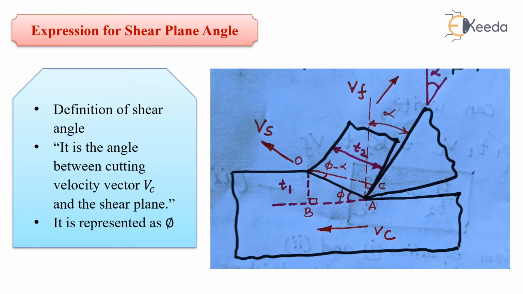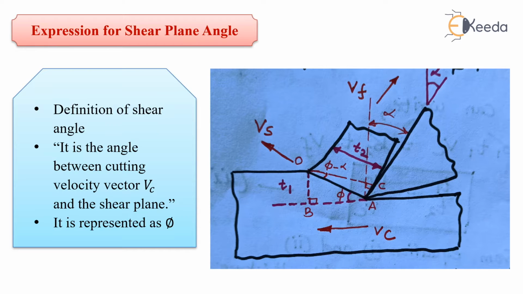Okay, so let us go for the expression for the shear plane angle. As per the definition of shear plane, we know the shear plane. Now what is the shear plane angle? It is represented by the letter phi. So friends, look at the diagram here. Now I have given names for various things here.